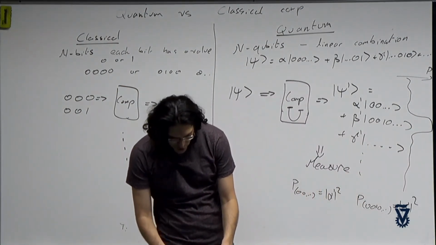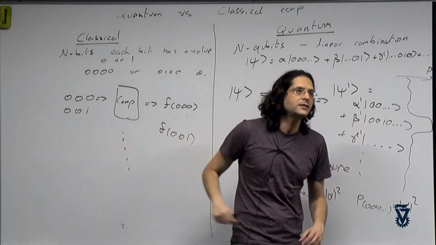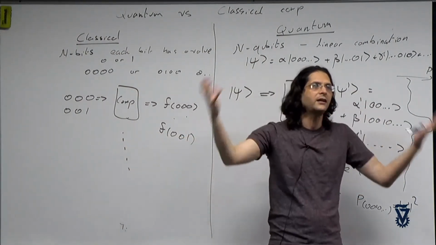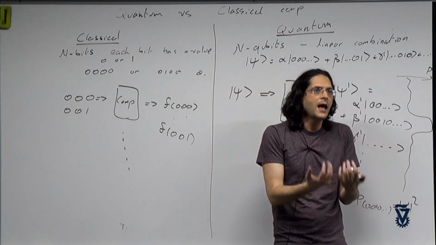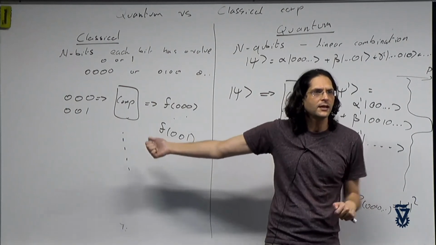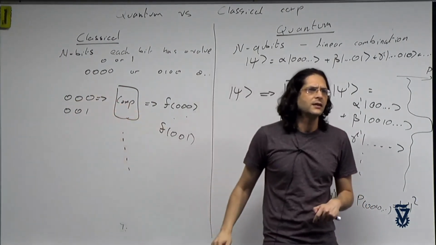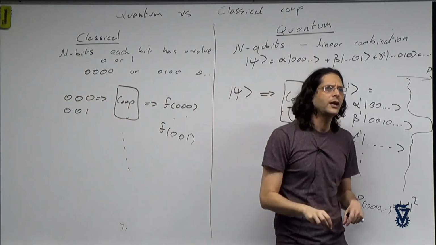And what you can get out of this, as opposed to the classical case, is that you can get information which is collective information about your system. Okay, which you couldn't do in the classical case, because in the classical case, to get collective information, you have to repeat for all those cases and acquire information for each case.